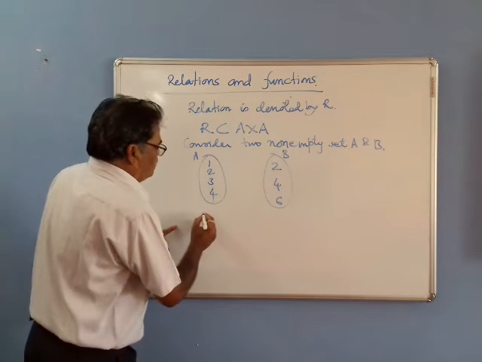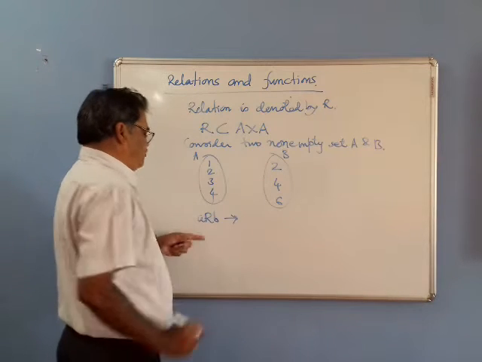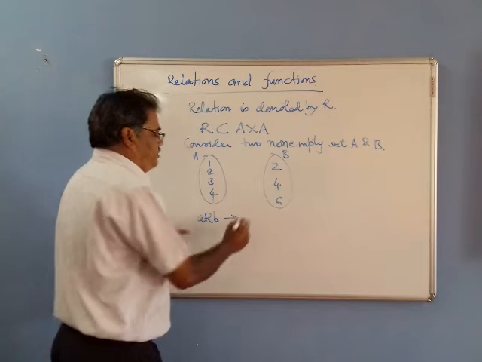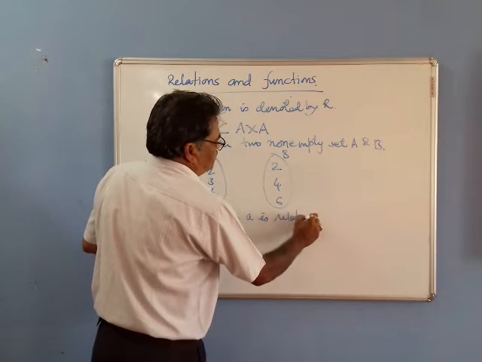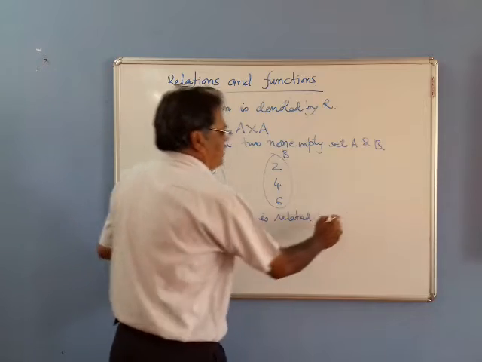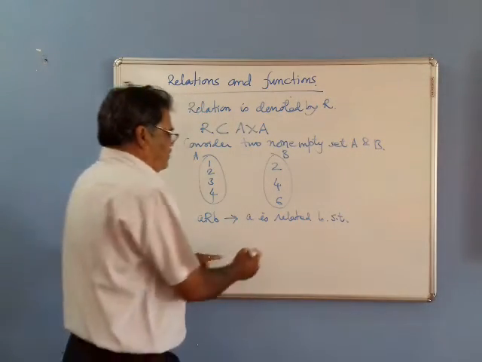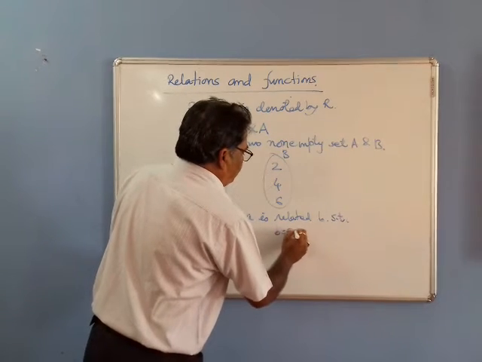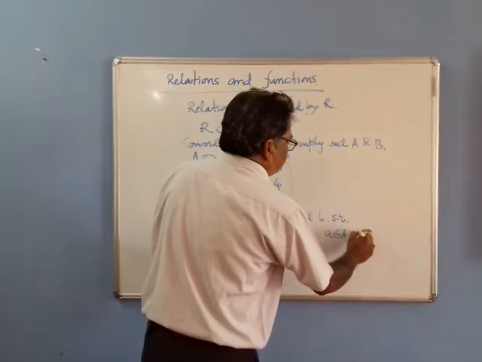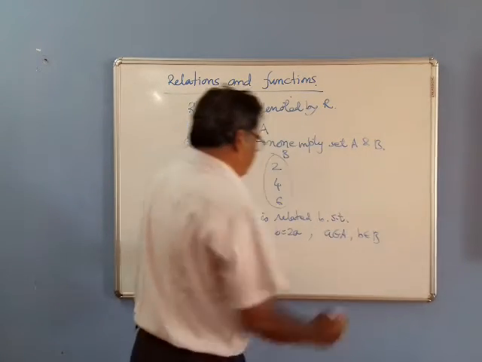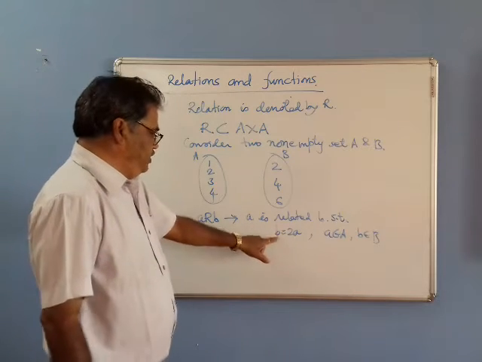Now let a R b. What is the meaning of this? a is related to b, such that, what is the relation? Let us suppose that b is equal to 2a, where a belongs to capital A and b belongs to capital B. That means the relation between these two is b equal to 2a.